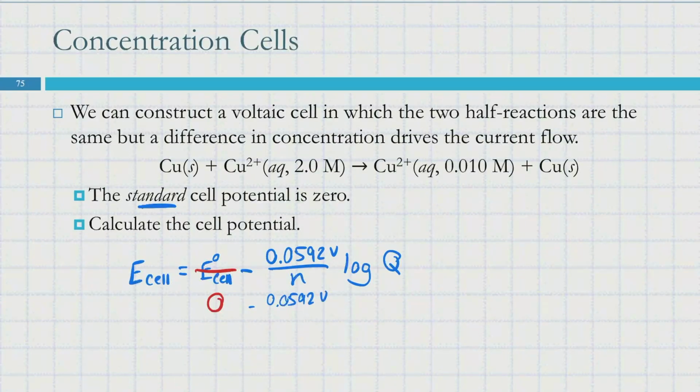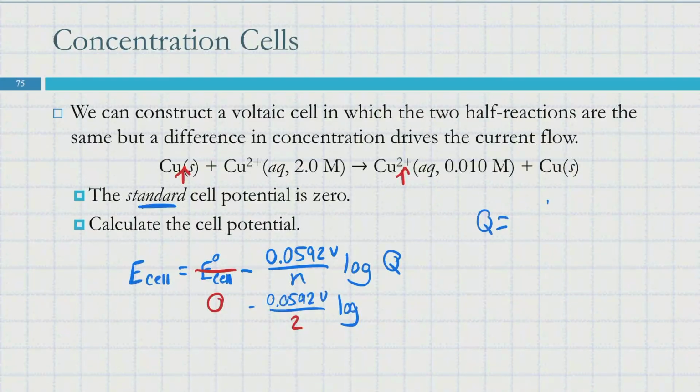Okay, 2. Because it's a 2 plus from a 0, 2 electrons get transferred. Times log Q.